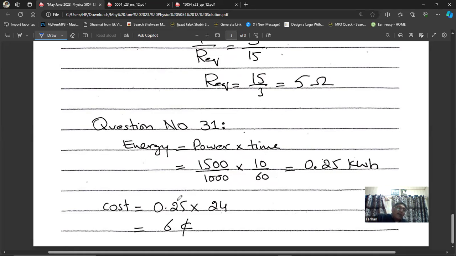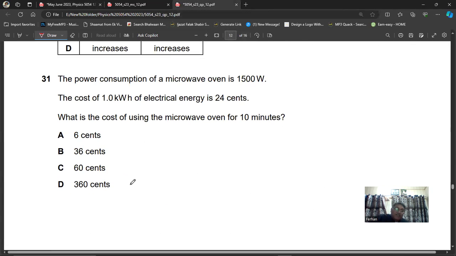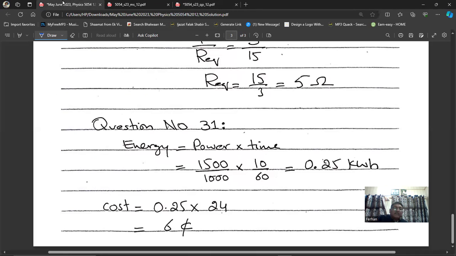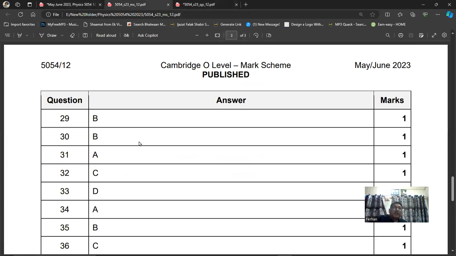Then 0.25 multiplied by 24 cents, you will get 6 cents. So the price for using that oven for 10 minutes will be 6 cents. Yeah, it was 6 cents. A is the option. Question number 31, A is the right option, sir.